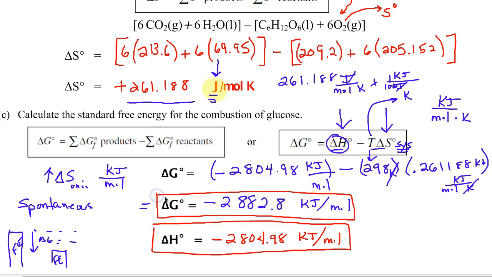Remember, the negative delta G is called free energy because it's a spontaneous process. This drop in free energy is the free energy that we could use. Now we can't use all of it, but you get the idea. So the available free energy to do something and drive a system, possibly couple, or those kind of things, notice it's greater than the actual heat released.